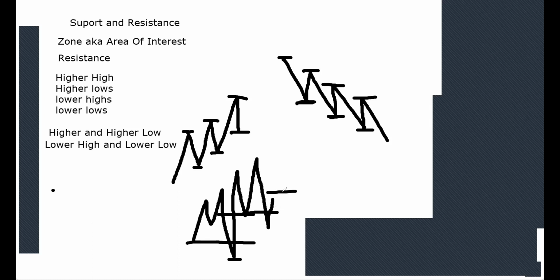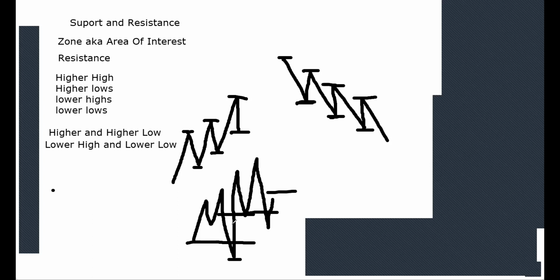So this area right here, you would not take that because it's already shown you that it's created another low. It's like, no, this is not going to be a buy because it showed you, remember, higher highs, higher low, higher high, higher low, higher high, higher low. You don't see that in this chart.